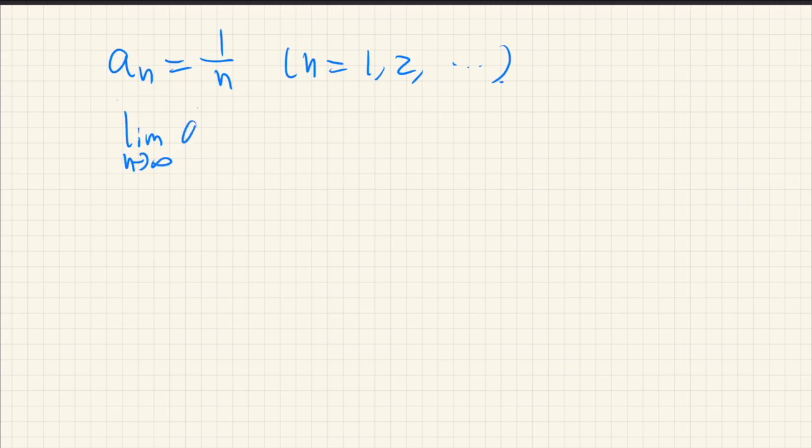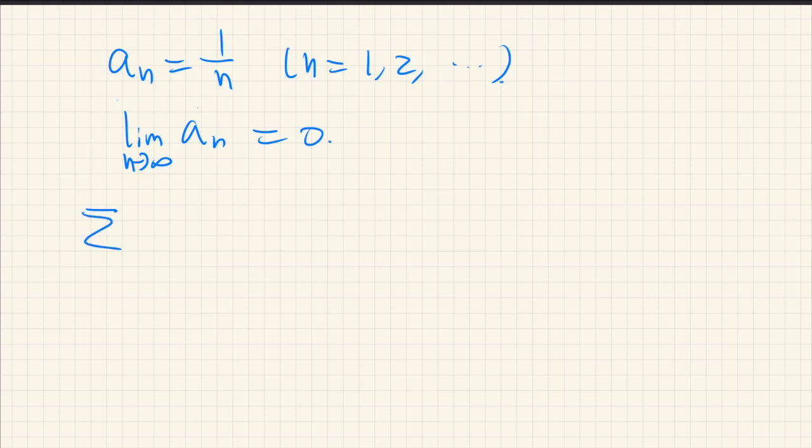Let's see this example. AN is equal to 1 over n, where n is 1, 2, and so on. Clearly this sequence converges to 0. So the limit as n goes to infinity of AN converges to 0. That's clear.